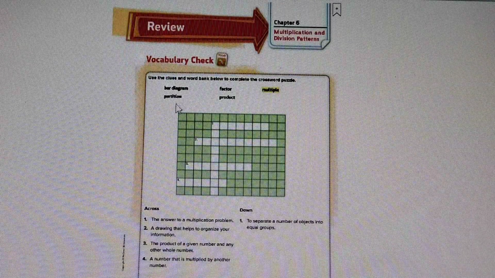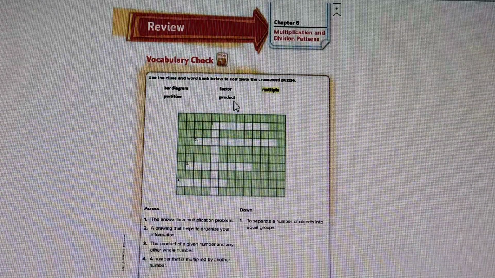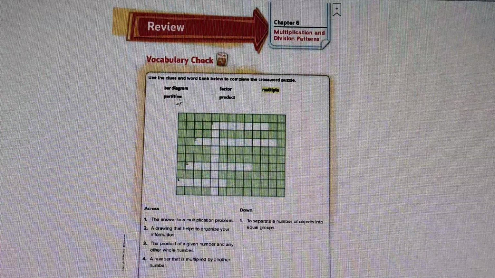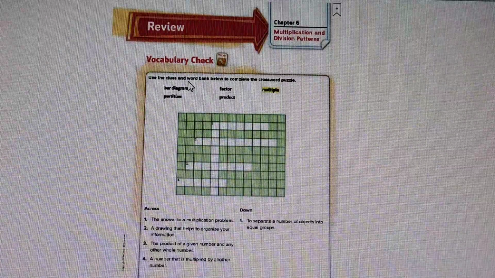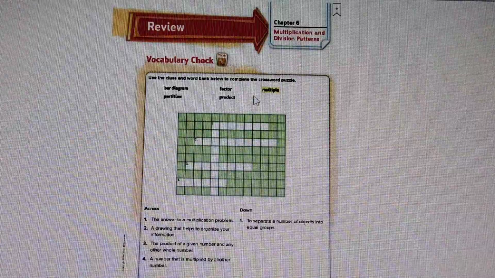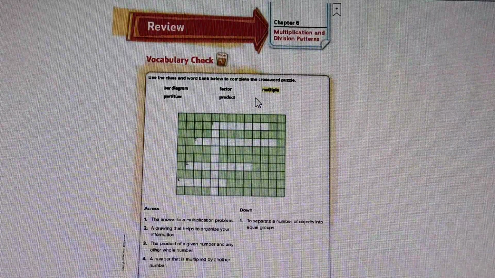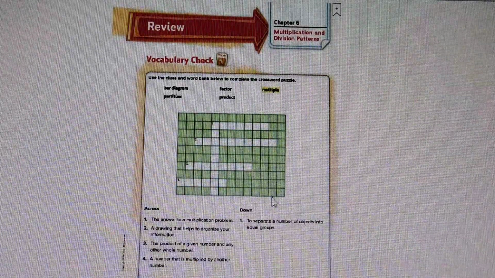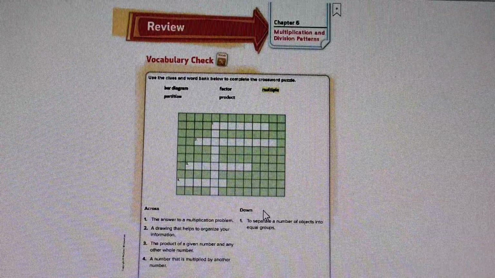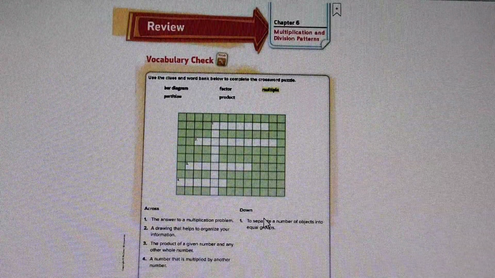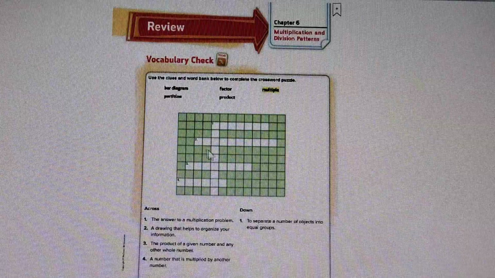Bar diagram, partition, factor, product, multiple. So you will use the clues and the word bank right here to complete the crossword puzzle. Now you only have one down, so if you can figure out one down first, that will help you with the other words.